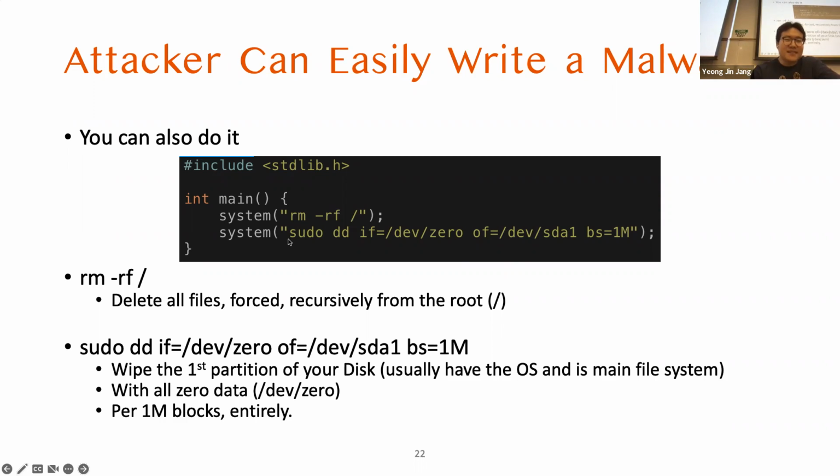And then the second command is, if there's sudo, the root privilege, then it runs dd. I don't know the full name of the program, but what it does is something like disk duplicating. The options are if, the input file, and of, the output file.